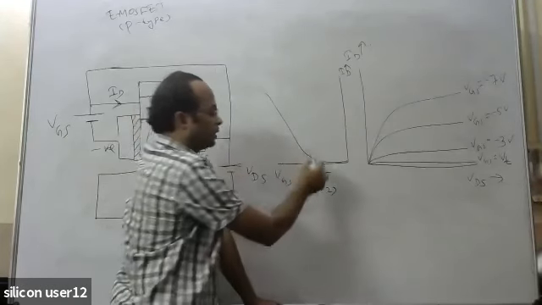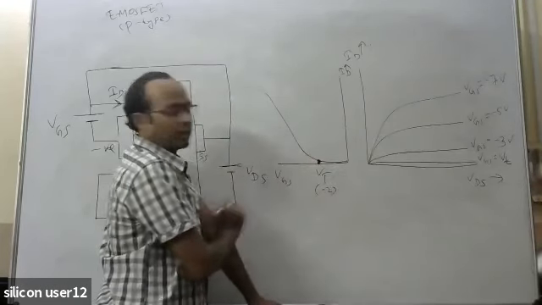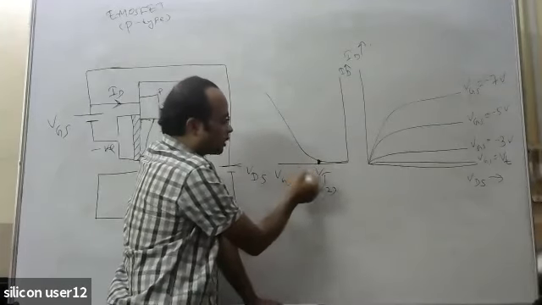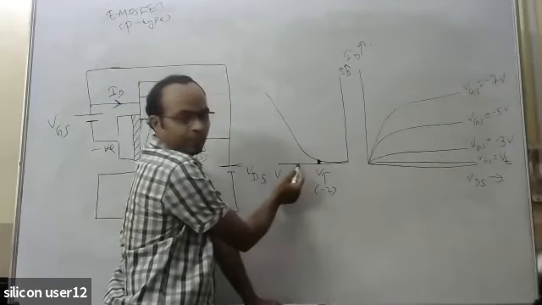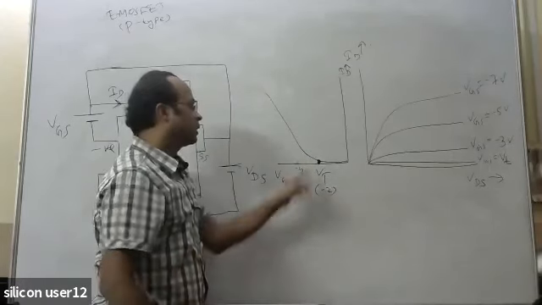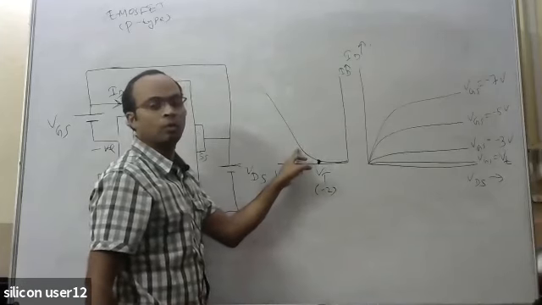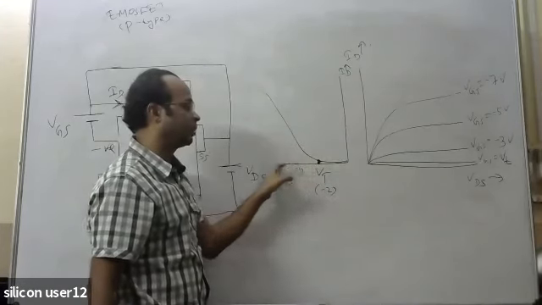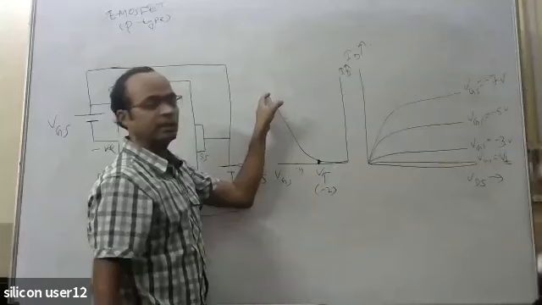So the current will start to flow. And when this VGS value is more negative, let us say -4, that means the drain current will be even more. So with increase in this VGS value, the drain current will increase.